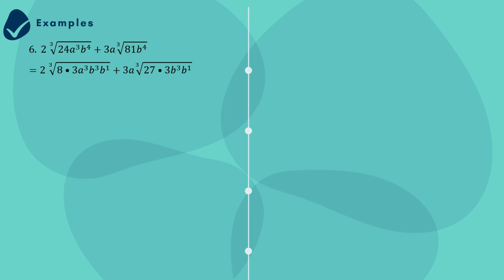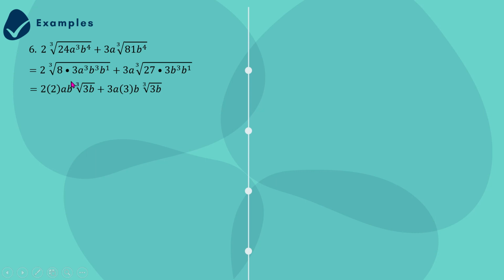b exponent 1. Then plus the second expression, plus 3a. Then 81 is factored as 27 times 3, wherein 27 is a perfect cube. Our index is 3, so it should be a perfect cube. So that is 27 times 3. Then b exponent 4 is factored as b cube times b exponent 1.